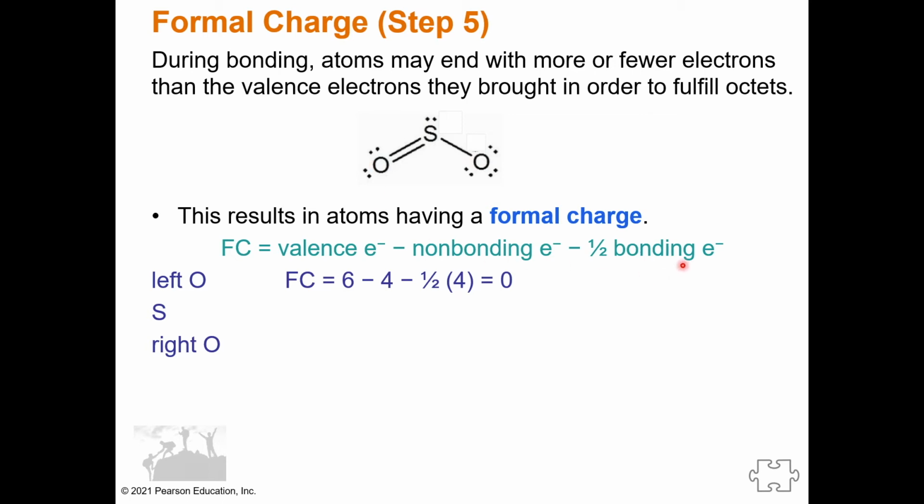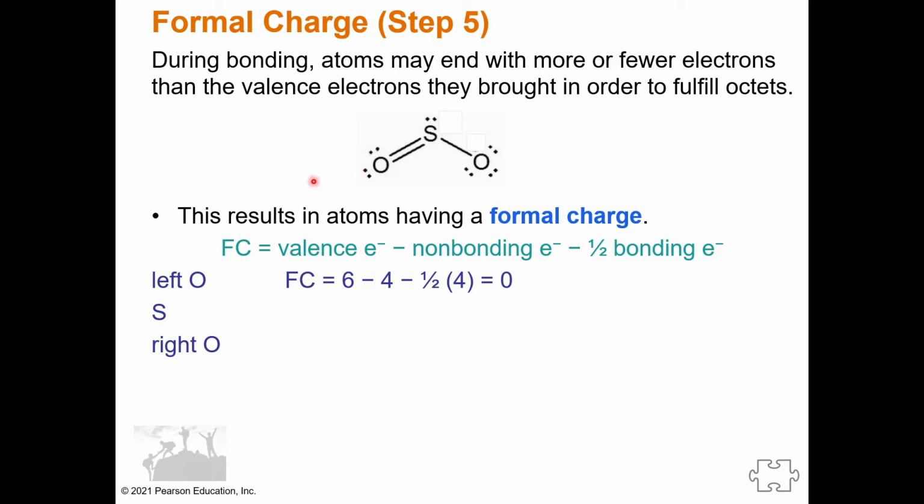Now, how many bonding electrons does it have? You see that there is a double bond, so there are 2 pairs of bonded electrons, or in other words, 4 bonding electrons. Don't forget the 1/2, which is found in the equation. When we do our math, we have a formal charge of 0 for this oxygen.